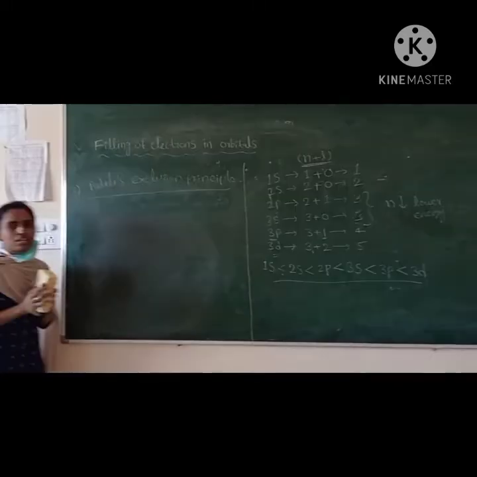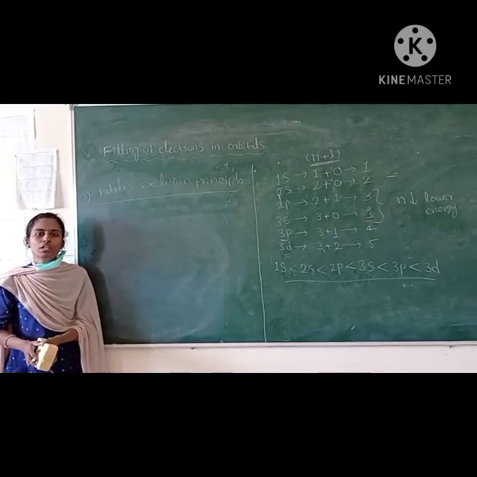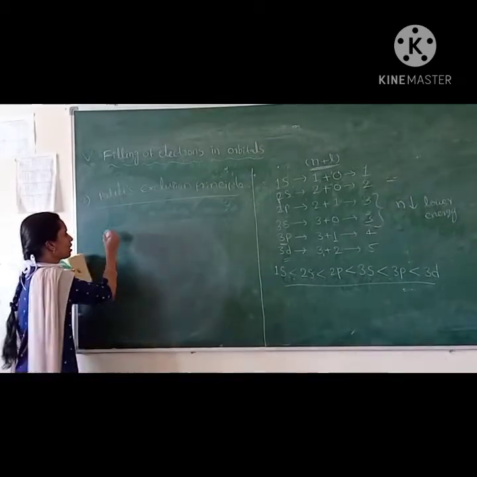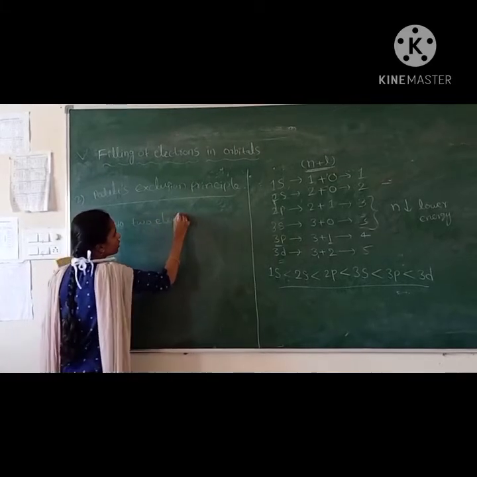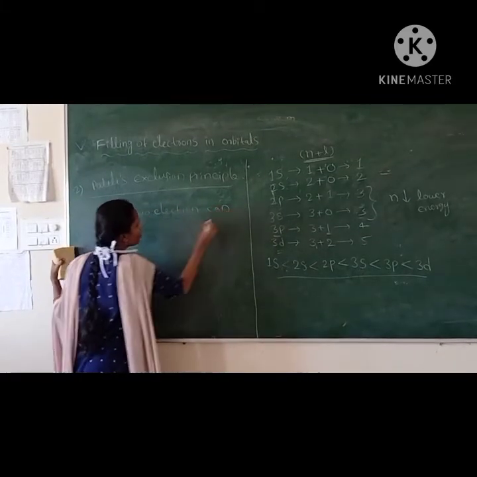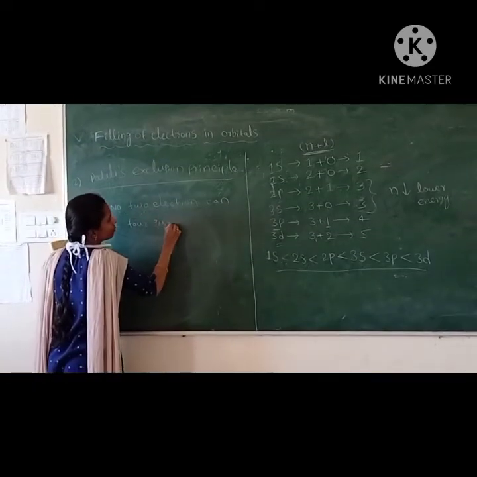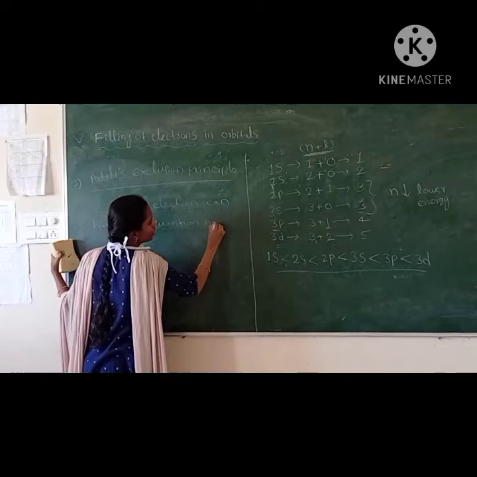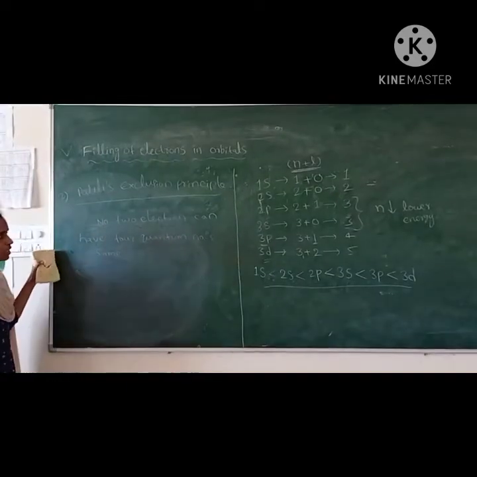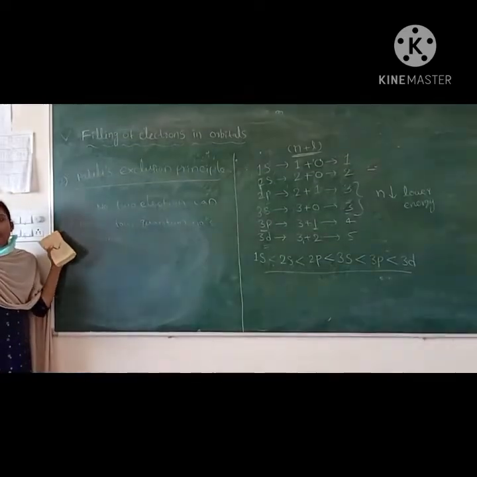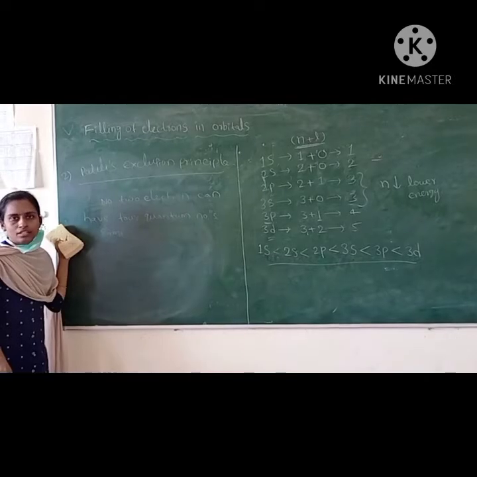This principle says that no two electrons can have all four quantum numbers the same. This principle is also given as: one orbital contains a maximum of 2 electrons. This is also another statement of Pauli's principle.